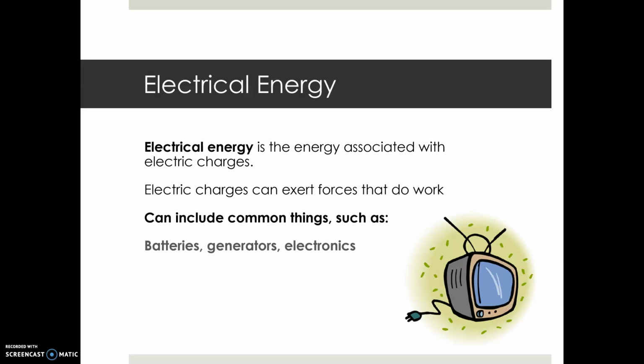Some common things that are powered by electrical energy would be batteries, generators, and all the general electronics that we use on a daily basis. Those are the places that you most commonly find electrical energy. So there are our 6 major forms of energy that we're going to go over in this chapter.